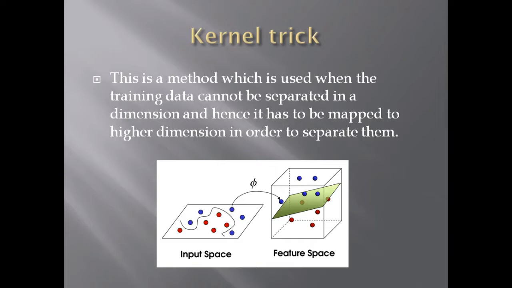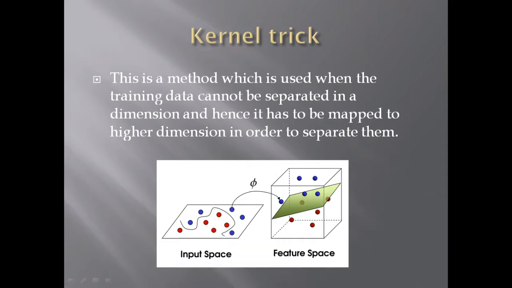So what is the kernel trick? This is a method which we use when the training data cannot be separated in the same dimension, and hence we have to map to a higher dimension in order to separate them. As you can see in this figure, we cannot draw a hyperplane to separate the red and the blue part.